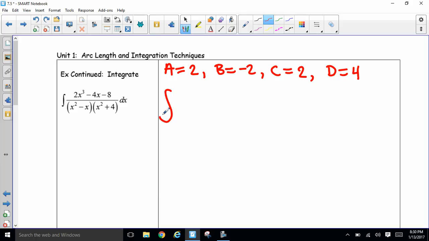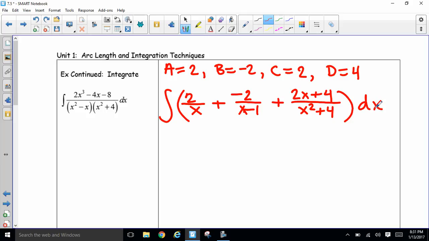It was A over x, so 2 over x, plus B, so negative 2, over x minus 1, plus Cx plus D, so 2x plus 4 over x squared plus 4. All of that times dx.